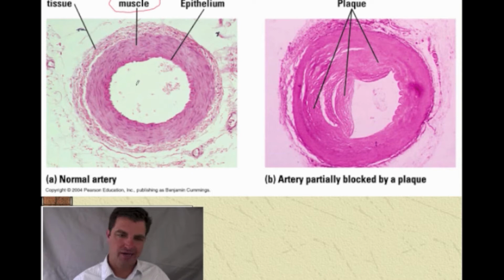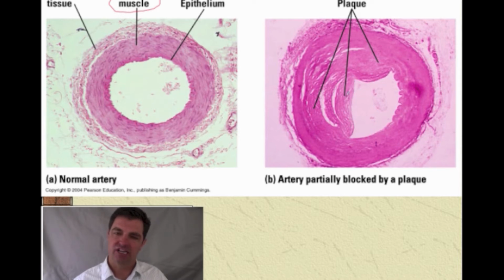Various lifestyle things such as your diet, smoking, things you might eat, things you might do, drugs you might take, can lead to damage to the inside of that. And this can also be related genetically. Some people just have more of a genetic predisposition for this happening. But you'll notice the difference between this one and this one: this has a plaque in it. And so this artery here is sort of closed off.